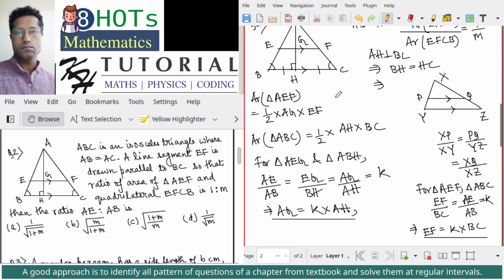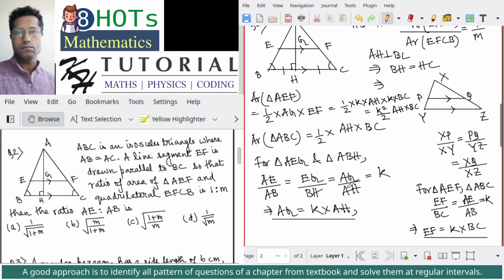Now the area of triangle AEF is equal to half AG, and AG is k into AH, multiplied by EF, and EF is k into BC, which is equal to k square by 2 AH multiplied by BC.